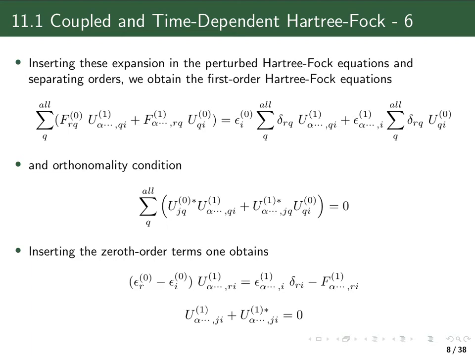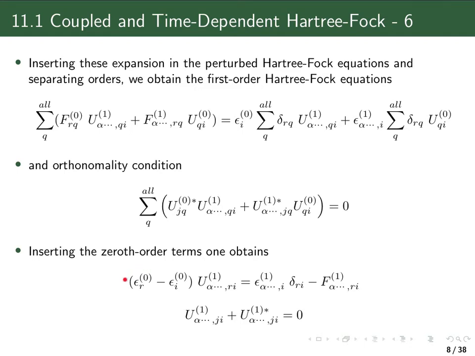Now we know what the zeroth order terms are here. At least we know that the zeroth order Fock matrix in this space is diagonal, with the orbital energies as the diagonal elements. We know that the zeroth order unitary transformation matrix is just a Kronecker delta. So we can insert that here and there and also here, which then reduces the equation up here to that equation.